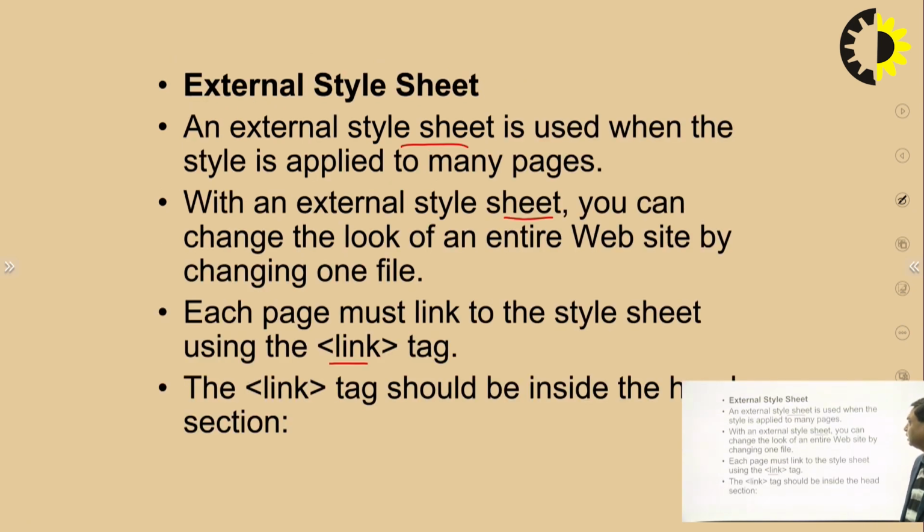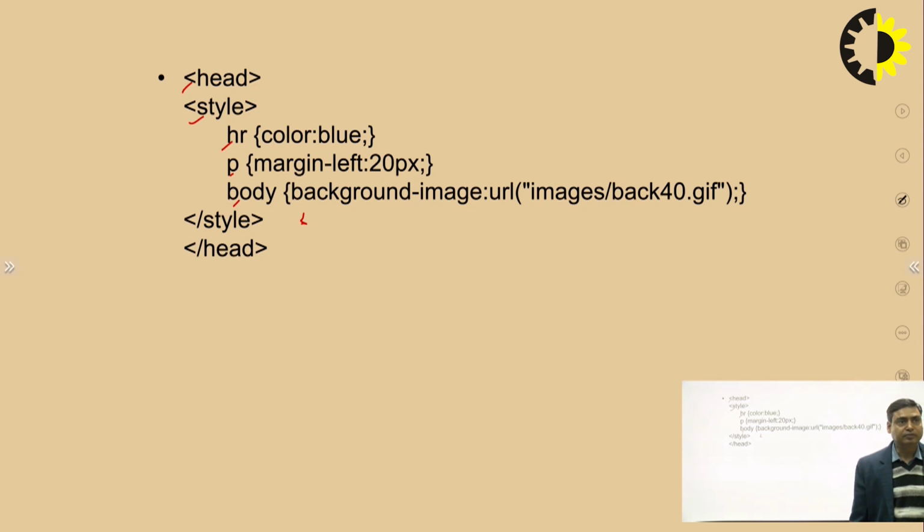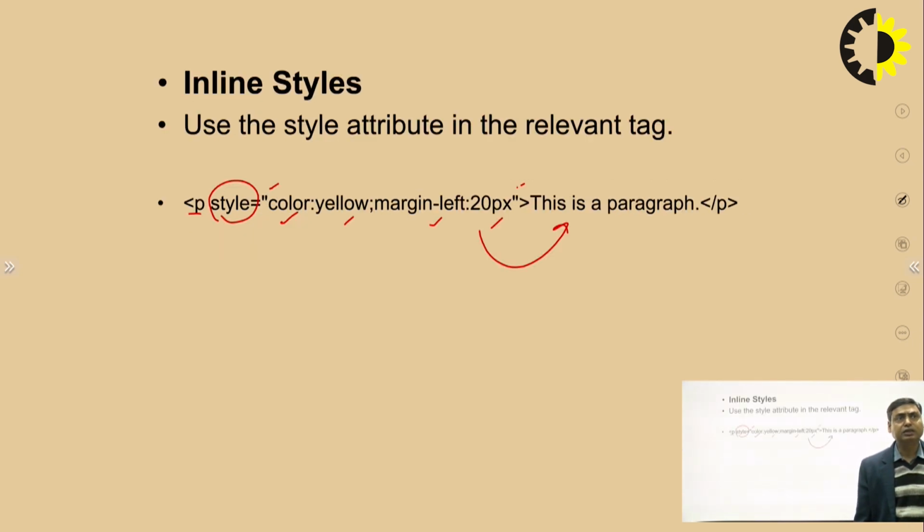The internal style sheet is included with the help of the style tag in the head section, and you can see we are writing the CSS within the style tag. Third one is inline styles. These inline styles are written within a particular HTML element with the help of the style attribute, and you just write the CSS. The CSS will be applicable on the text.